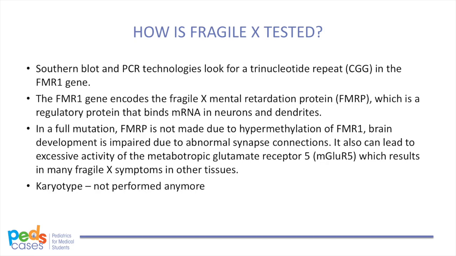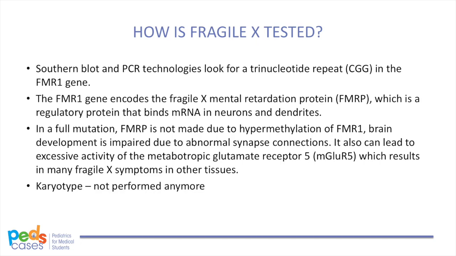Brain development is impaired due to abnormal synapse connections, and it can also lead to excessive activity of the metabotropic glutamate receptor 5, or mGluR5, which results in many Fragile X symptoms in other tissues. But before we discuss the CGG repeats, let's go back and talk about how we test for Fragile X.